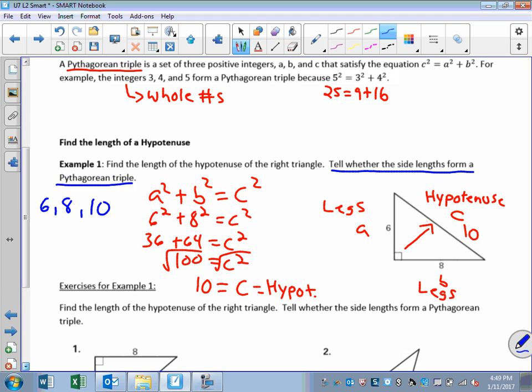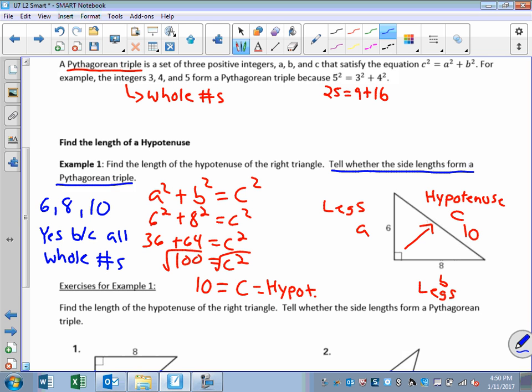Are these all whole numbers? If the answer is yes, then we do have a Pythagorean triple. So this is one, because they're all whole numbers. So you got three sides of a triangle, all whole numbers. Yes, it is a Pythagorean triple.